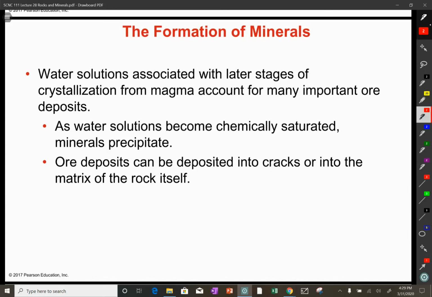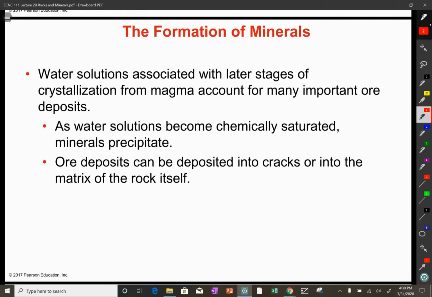You form the precipitate when you reach saturation. From the chemistry section, we learned that saturation is when you have more of the solute than you can dissolve. So as the water solution becomes saturated, for instance, if you have evaporation, the amount of water decreases, so the concentration goes up until you reach the saturation level, and then you have minerals precipitate out.